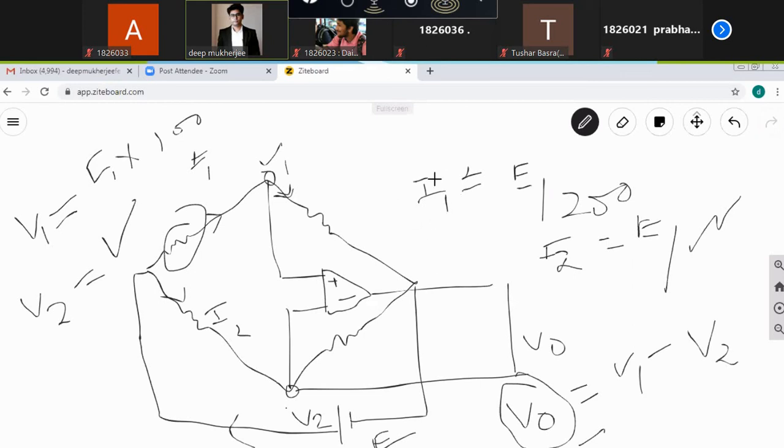We know the value of I1 and I2 from these expressions, so just express everything in terms of E, because ultimately what you have to find out is the value of E, the supply voltage.